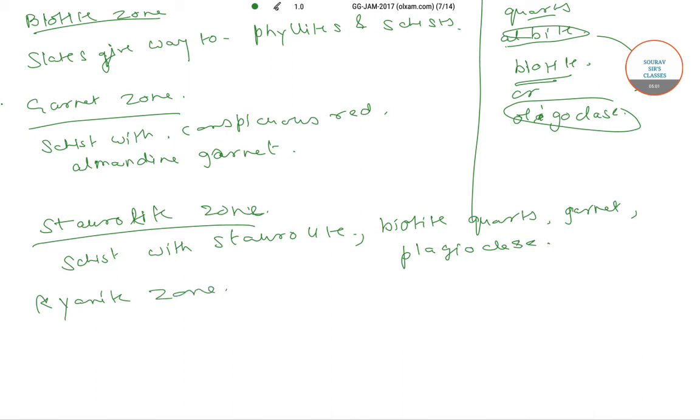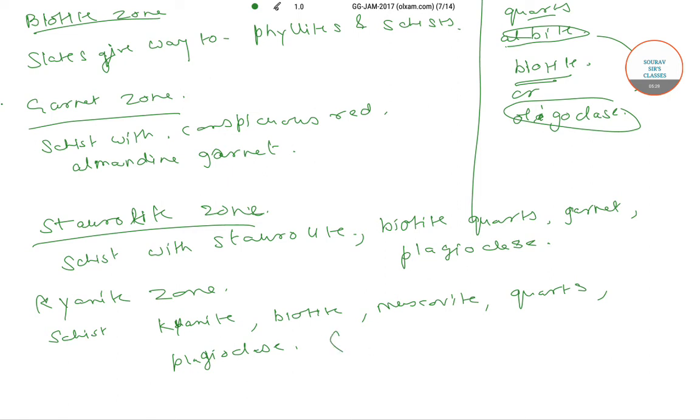Now here we have schist with kyanite, biotite, muscovite, quartz, plagioclase, and usually garnet and staurolite.